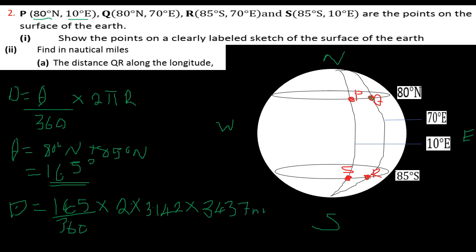Okay, then to find this distance, we punch this on the calculator, and our answer will give us 9,899.13 nautical miles. So this is the distance between point Q and point R. As simple as that. Let's proceed.